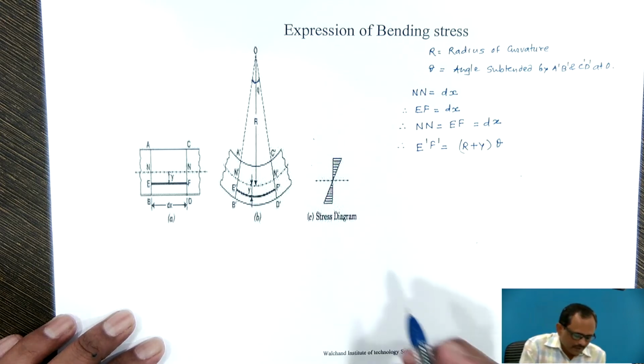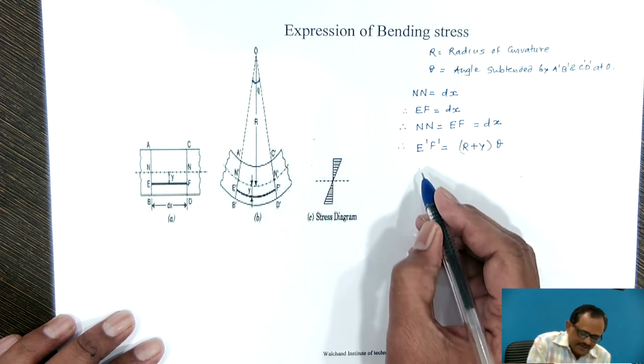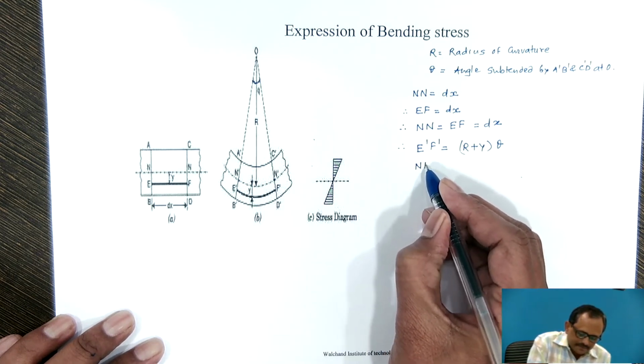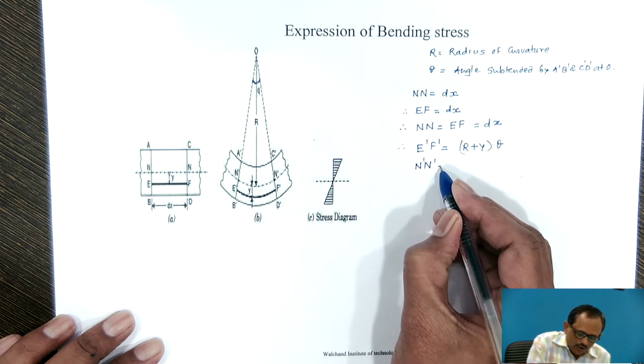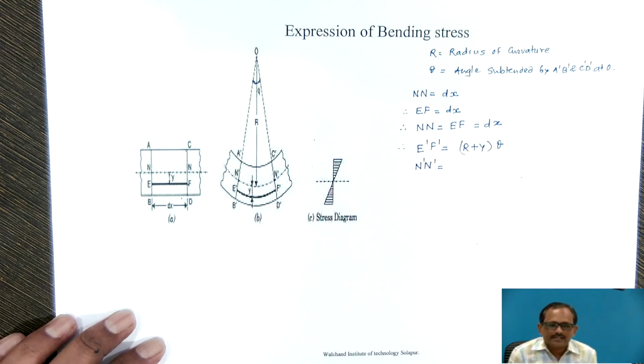Similarly, we can find the length of layer N'N'. In between the top and bottom layer there is one layer which is neither elongated nor shortened.